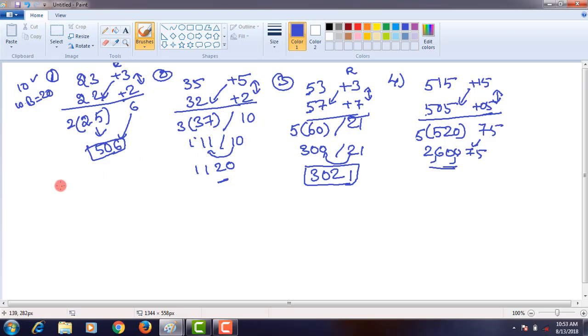Let us take our next example, that is the fifth example, 750 into 706. This is 50 more than 700. This is 6 more than 700. So vertical multiplication: 50 sixes are 300. Then cross addition.